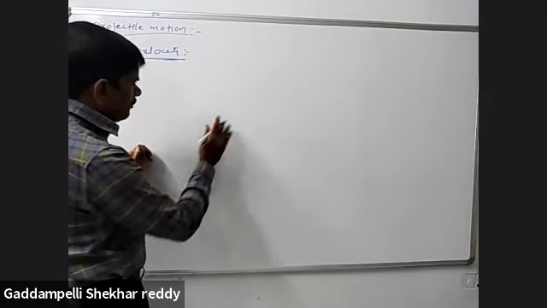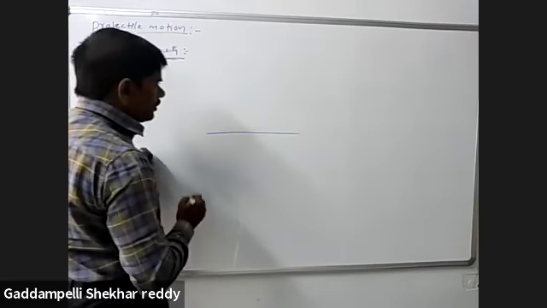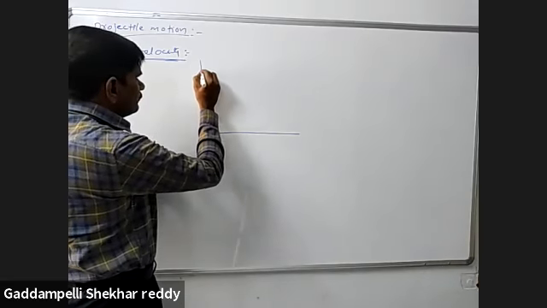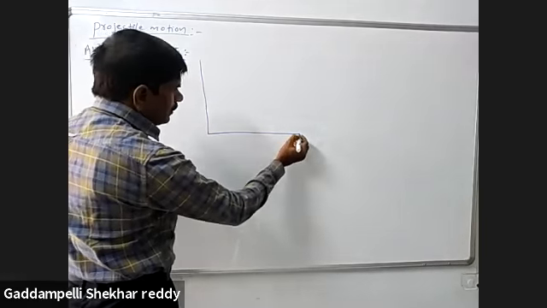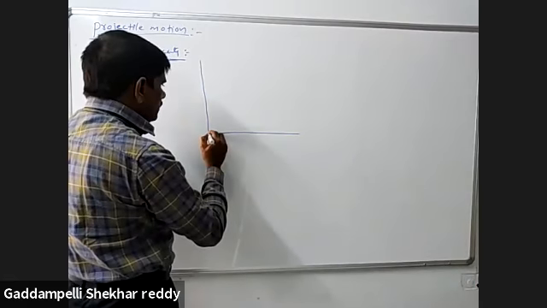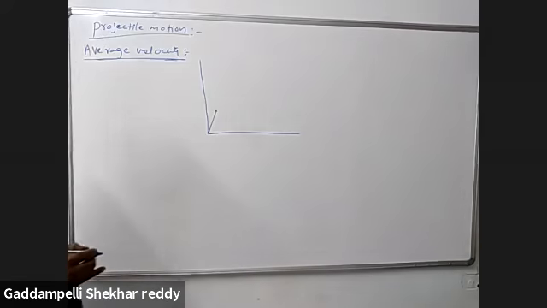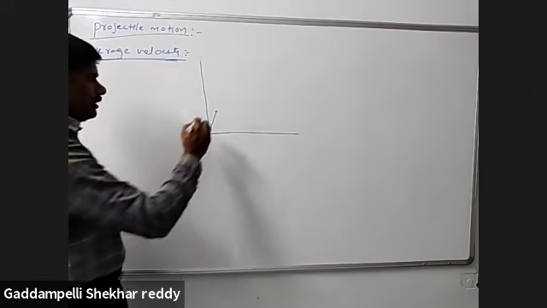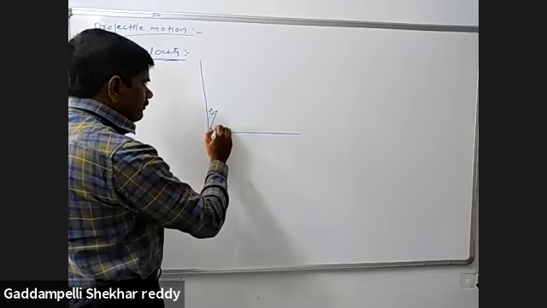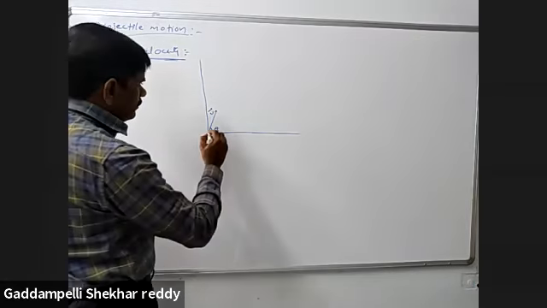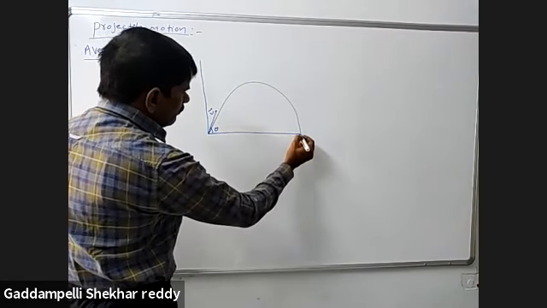So already we know for a projectile, this is horizontal, this is vertical, so x-axis, y-axis. A projectile is a body thrown upward with a certain initial velocity that makes an angle theta with the horizontal. It moves along this direction and finally reaches the ground.